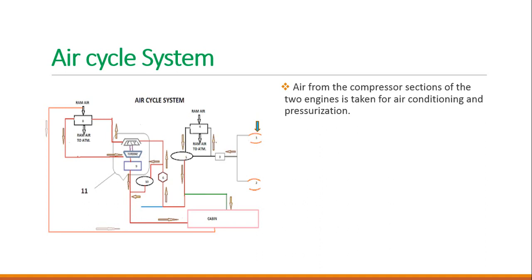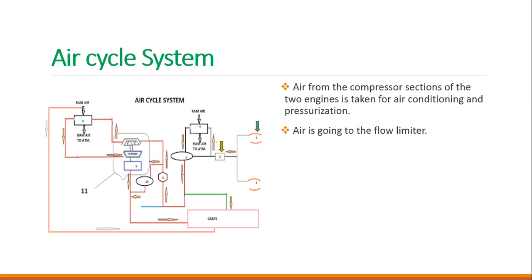Here, part 1 is the engine compressor, from where the air is taken out as bleed air. Next the air goes to the flow limiter.